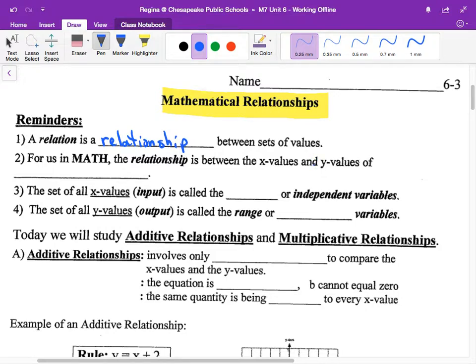Your relationship with your grandparents or your parents or your girlfriend or your boyfriend or whatever. In math class, it's between sets of numbers. All right, so for us in math, the relationship is going to be between x and y values of an ordered pair.